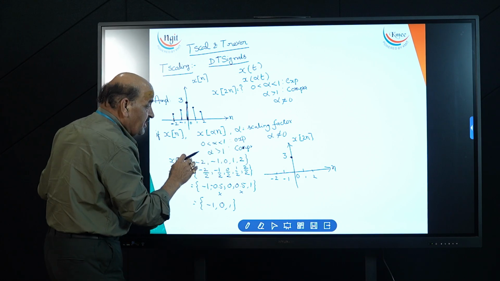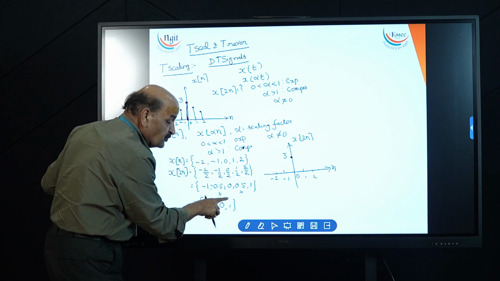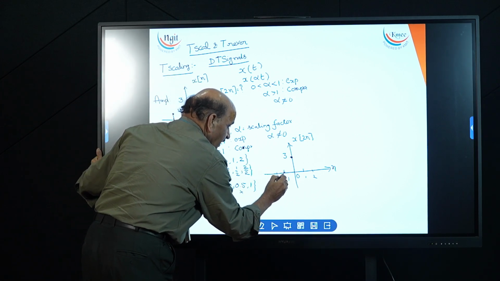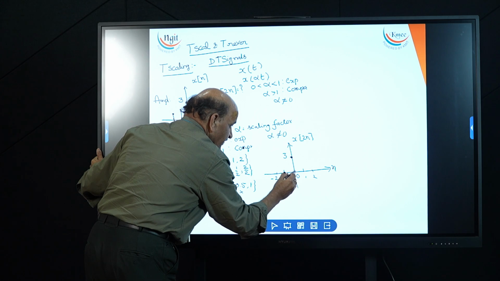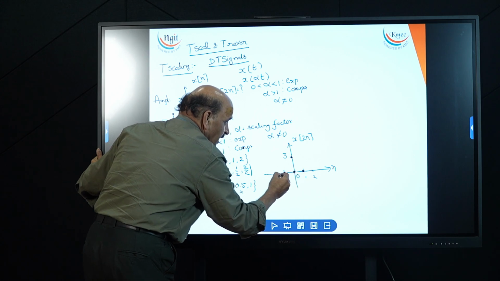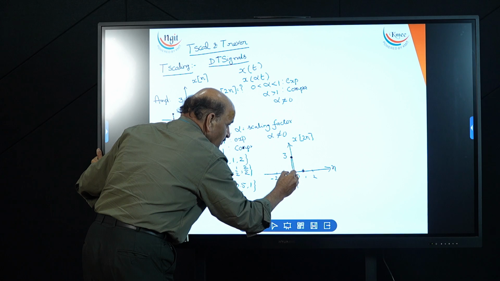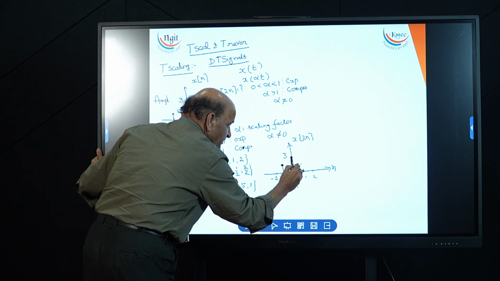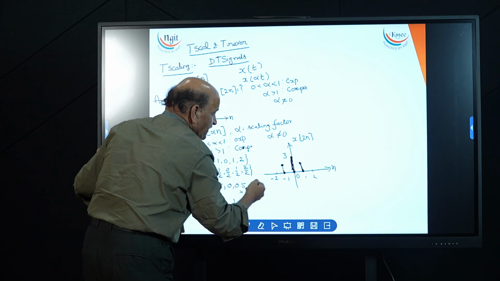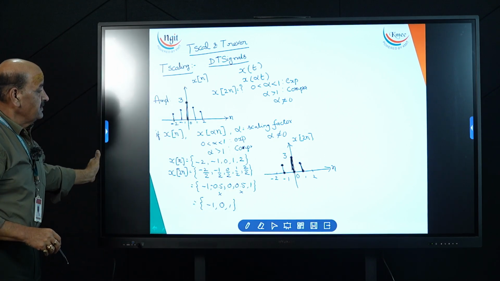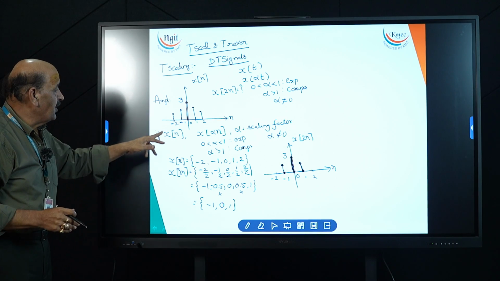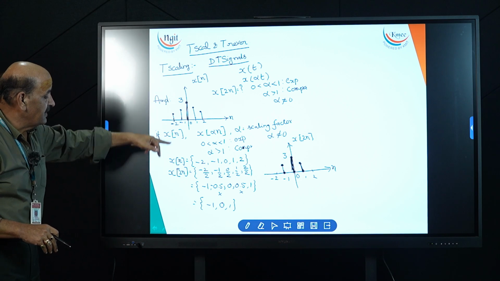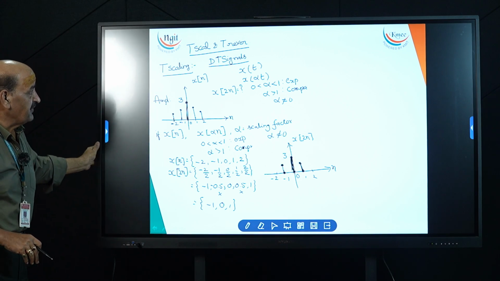In the compression, 5 integers are converted into only 3 integers. Among these three, this is the center one, and the next two are of the same height. This is the compressed signal, the actual time scaling signal, compressed.